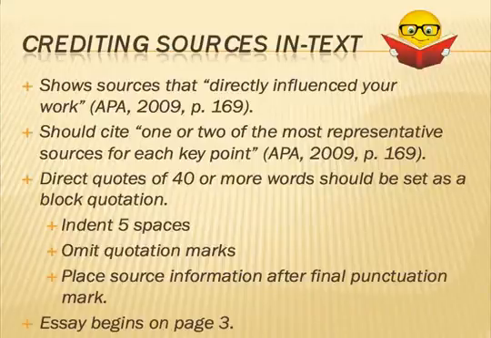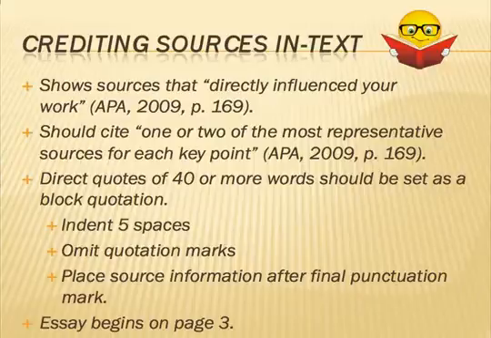Now, a lot of what APA is all about is how do I credit what I've used. How do I make sense of what I'm using and let somebody else know what I've used? That's what a lot of APA is all about. I want to show the sources that directly influenced my work.